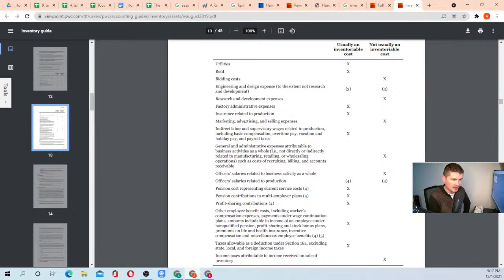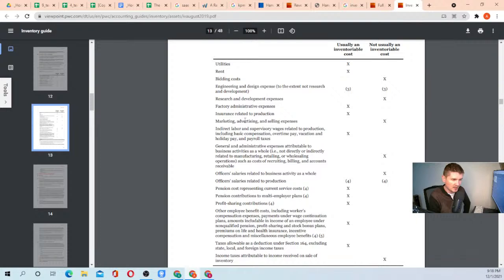In certain circumstances, especially if you are selling some marketing and advertising services, or maybe some complex products related to marketing and advertising, you can come up with a situation when you can include advertising in the cost of sales. I cannot imagine now a situation when you can capitalize advertising to the cost of inventory.